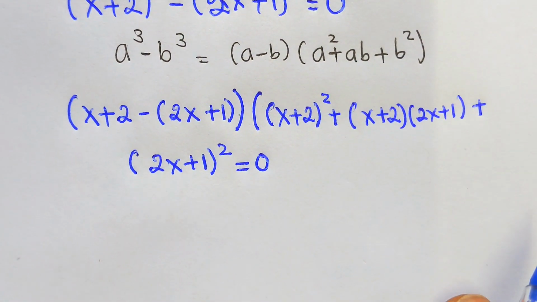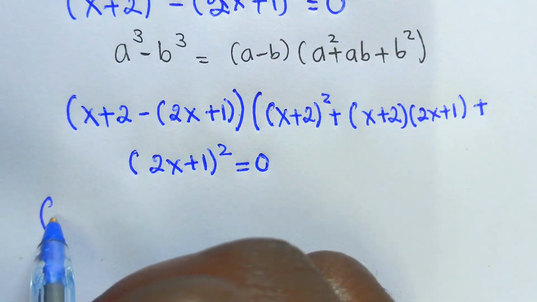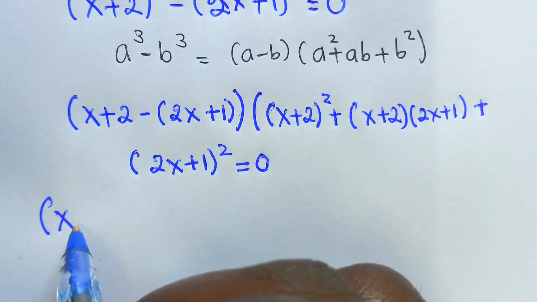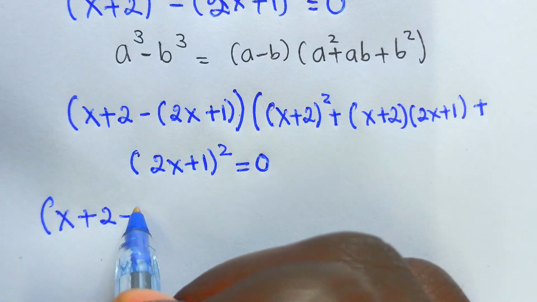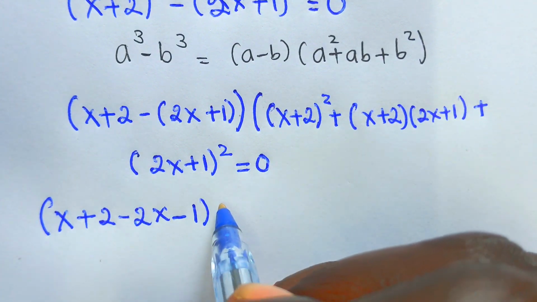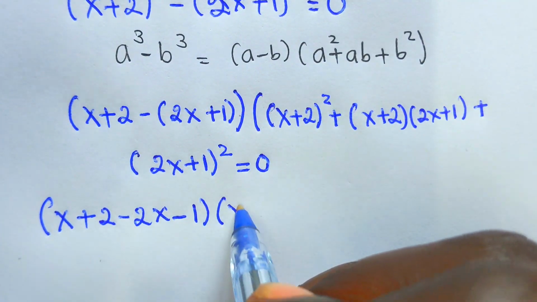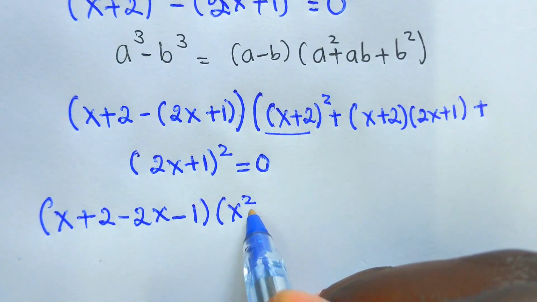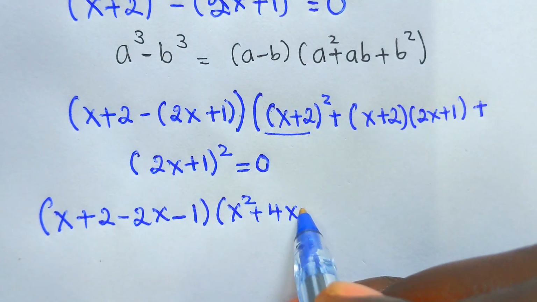Then here we shall get (x + 2 - 2x - 1), then the open bracket: x^2 + 4x + 4 for this.